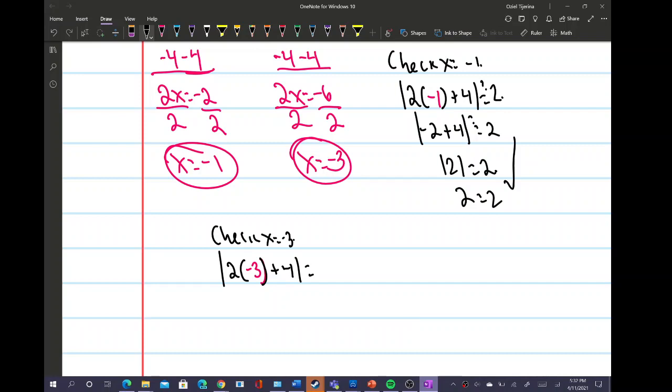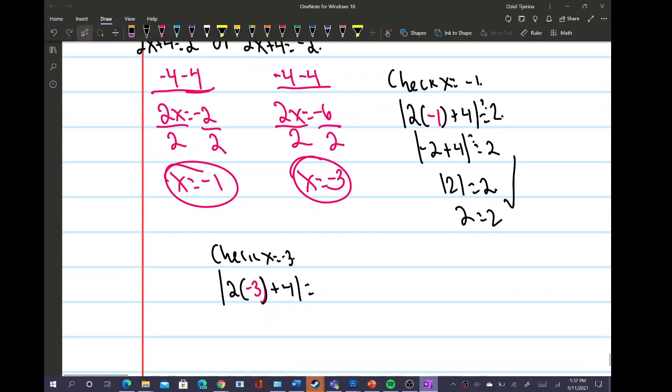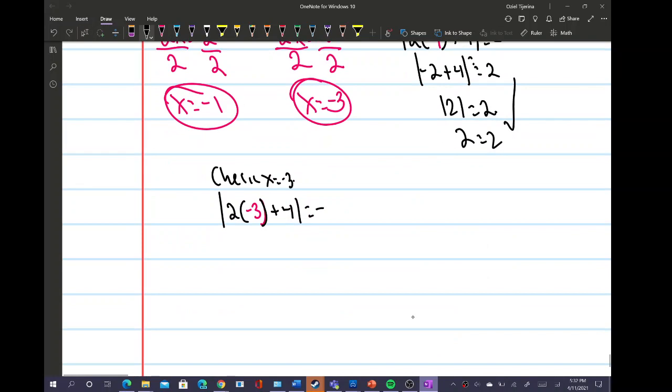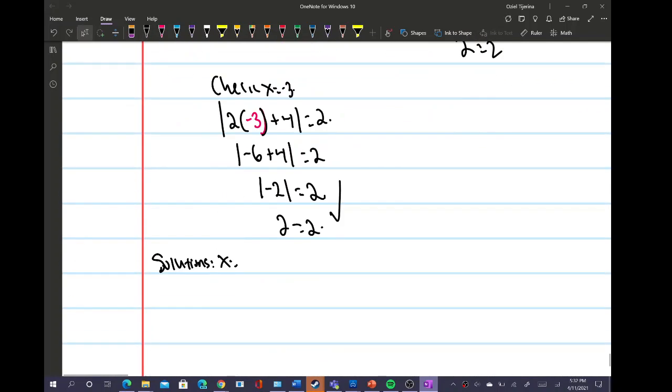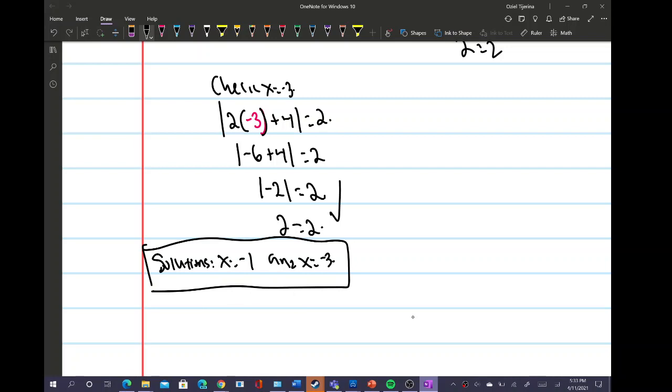Is this equal to 2? So then you say the absolute value of negative 6 plus 4 equals 2. So then the absolute value of negative 2 equals 2, which is a true statement. So therefore, your solutions are x equals negative 1 and x equals negative 3. Okay.